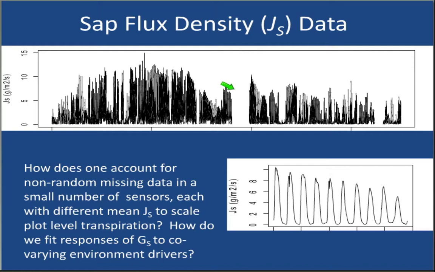So a question that comes up is, how does one account for this non-random missing data? And especially when we have such a small number of sensors per plot, the loss of one sensor could shift the mean measured in the plot significantly. So we have to do something about sensor-to-sensor differences. Finally, how do we fit stomatal conductance responses to multiple drivers that are all varying in the environment simultaneously?